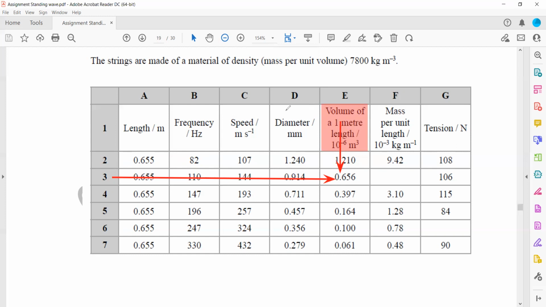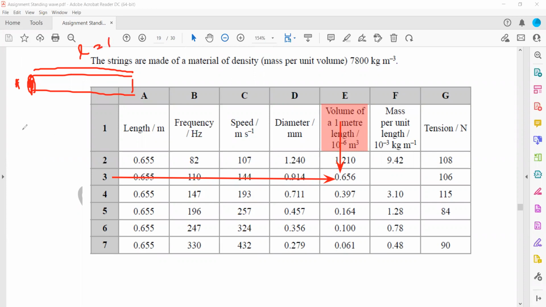If I want to find volume, because this is a string or a wire, then using the diameter first we can work out the area, because area multiplied by length gives the volume. But I want to find the volume of 1 meter length, so L is equal to 1.